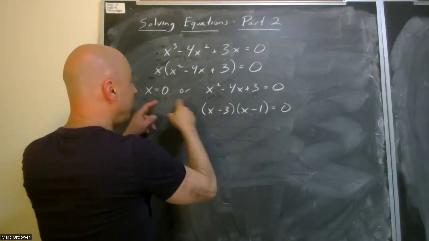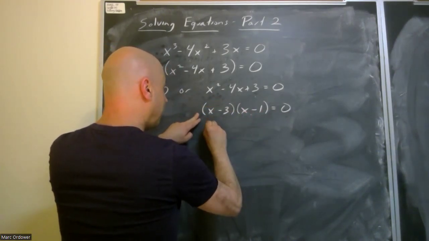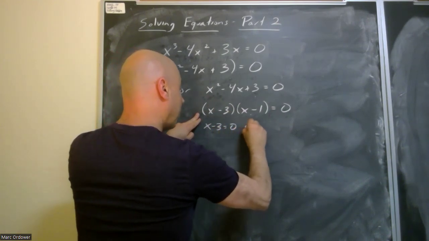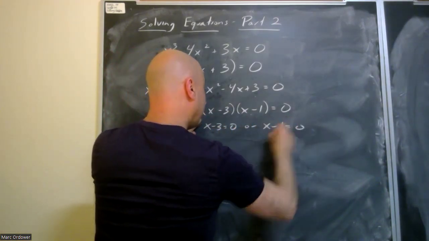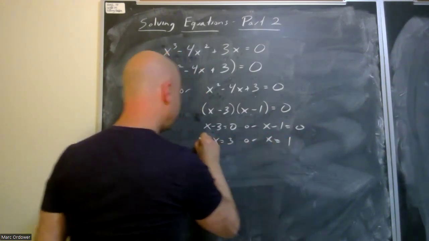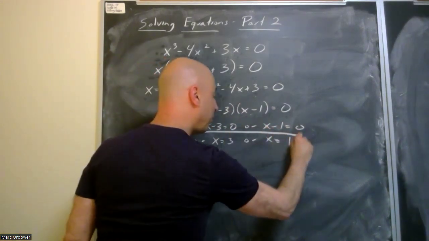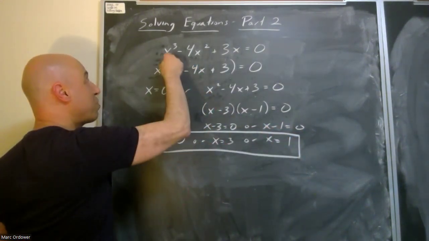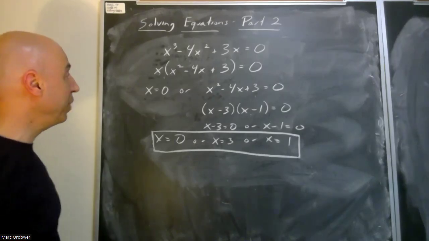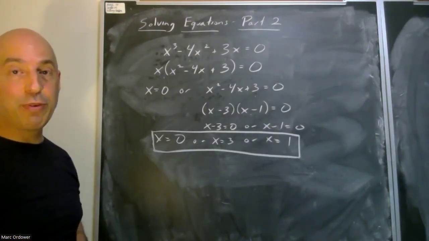So either this equals 0 or this product equals 0. So since this product equals 0, x minus 3 equals 0, or x minus 1 equals 0. So x equals 3, or x equals 1, or x equals 0. A cubic expression like this with an x to the power 3 can have as many as 3 solutions. And this one does have 3 solutions.